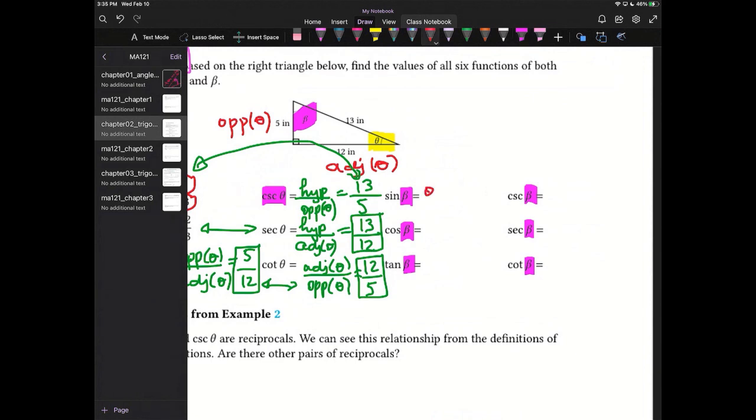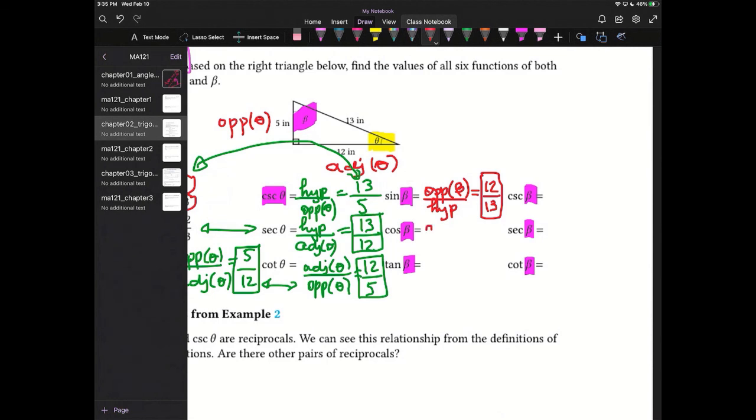Now we're looking at the angle beta, which means the opposite is the side with 12 inches. So we have 12 over 13, since the hypotenuse remains the same. So 12 over 13 is the sine of angle beta.